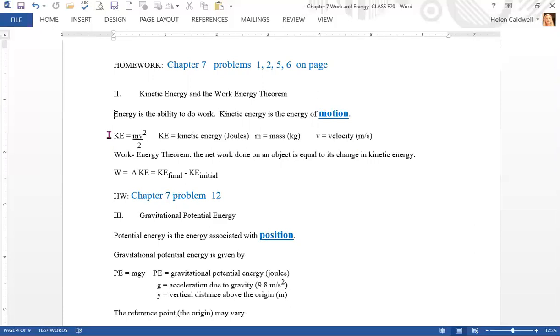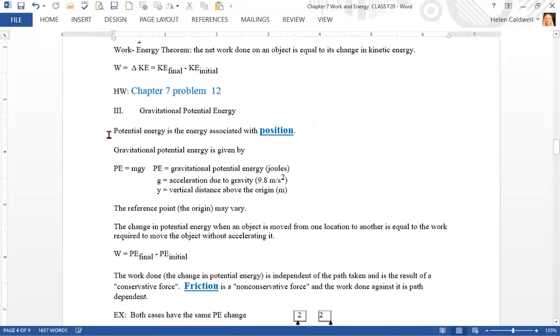So let's look at gravitational potential energy. Potential energy is energy associated with position, and there are different kinds. Gravitational potential energy just means that if you are at a certain altitude above the surface of the earth, you have stored energy because you're above the ground. And if you are just pushed to the edge of your ledge and gravity takes over, your potential energy will turn into kinetic energy.